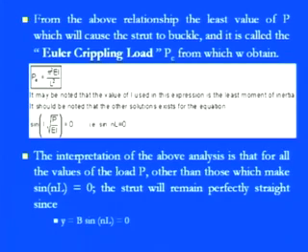We can interpret this analysis in the sense that for loads other than those values which make sin NL equal to 0, the strut will remain perfectly straight. One of the conditions is sin NL equals 0, or PE equals pi squared EI by L squared.